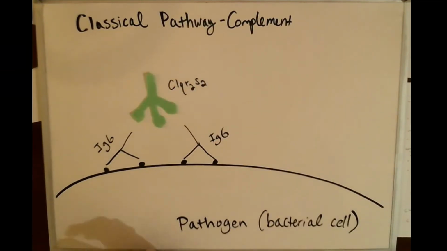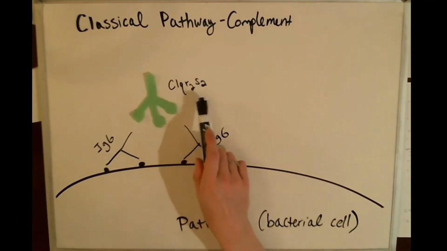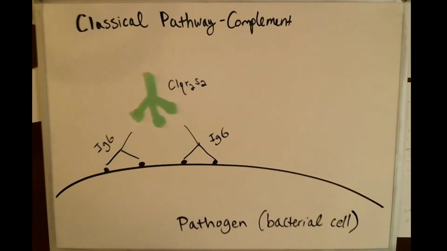Now there's actually 2 copies of C1r present, and 2 copies of C1s present. And when they all come together with C1q, we give it this very long name, C1q r2 s2. Now this is our initiator complex that binds to the antibodies that are bound to antigen on the pathogen or our bacterial cell, and this is what gets the entire process started.